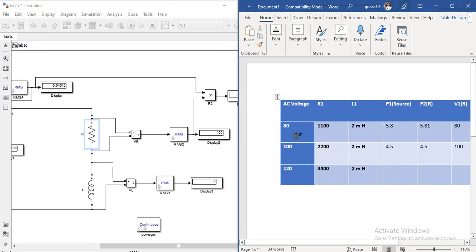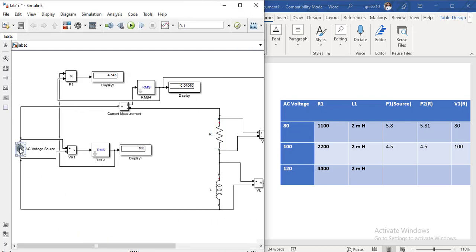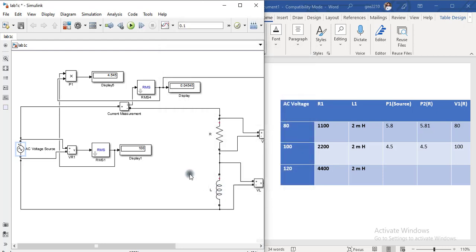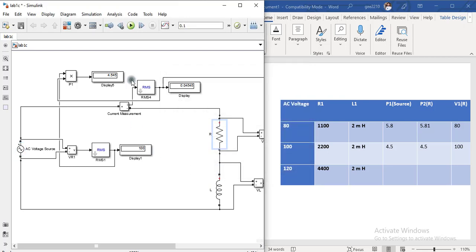Now let's change its voltage from 100 to 120, and the value of resistance to 4400. Let's run it again.